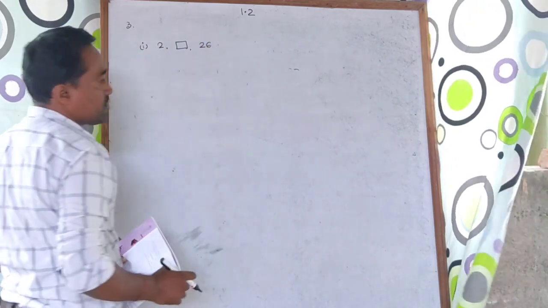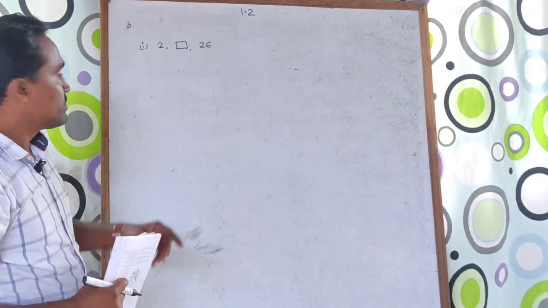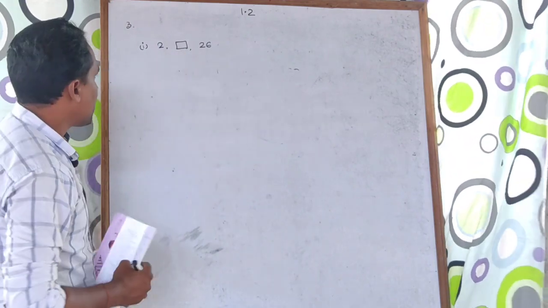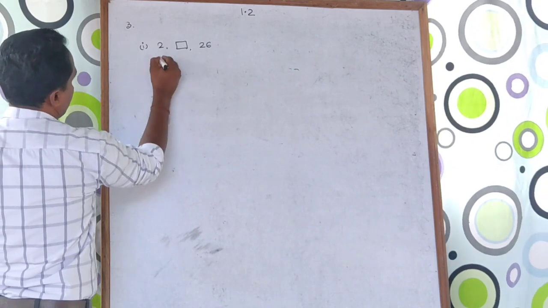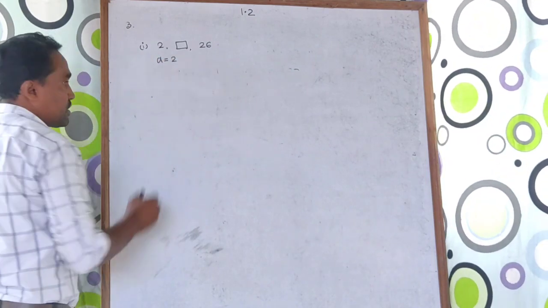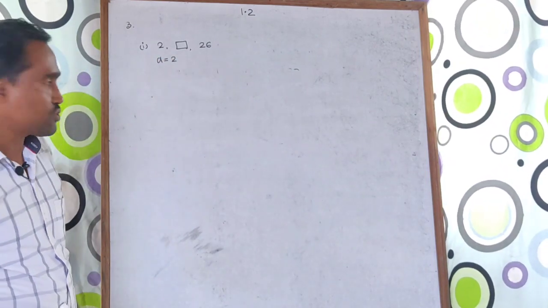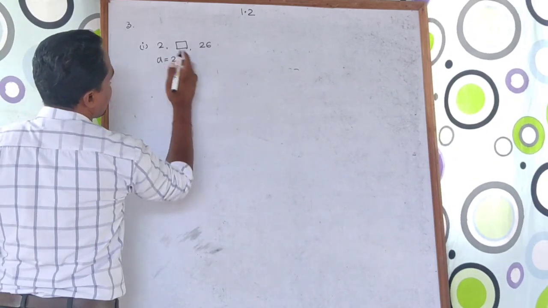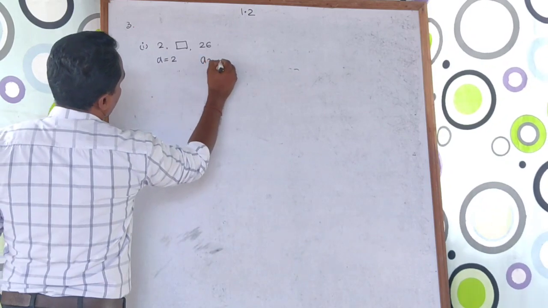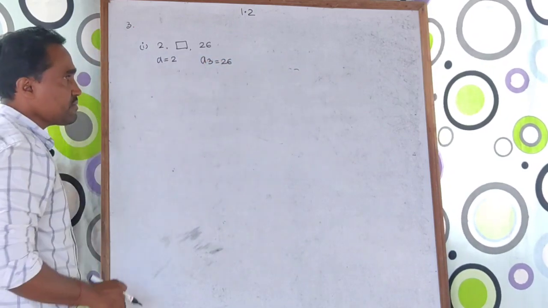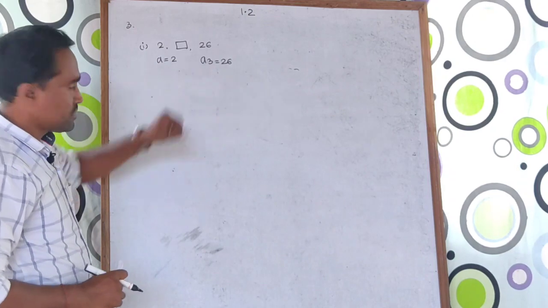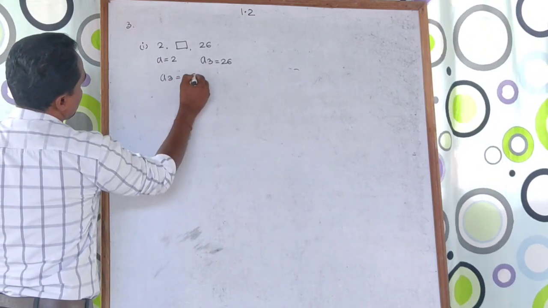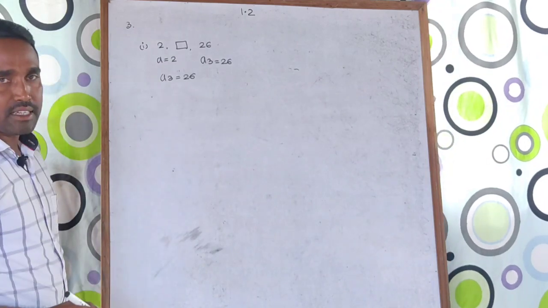We have to find out the missing term of this box. Look here, this one is A, or you can also write A1 equals 2. This one is A1, A2, A3. This is A3 equals 26. I will take this one. Look at A3 equals 26. So what is the standard form of A3?